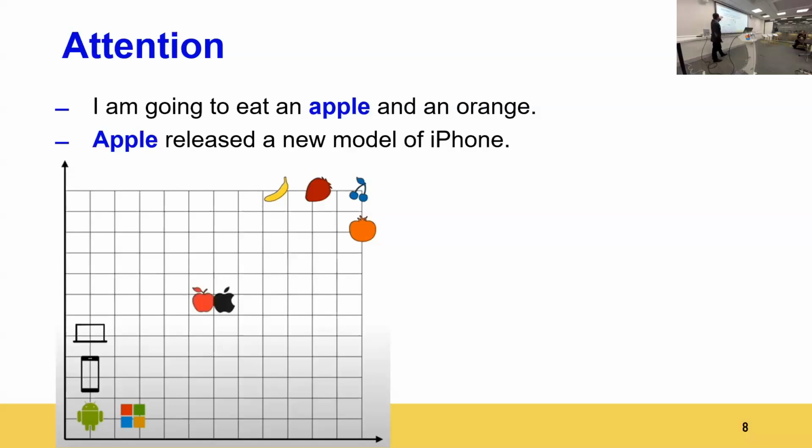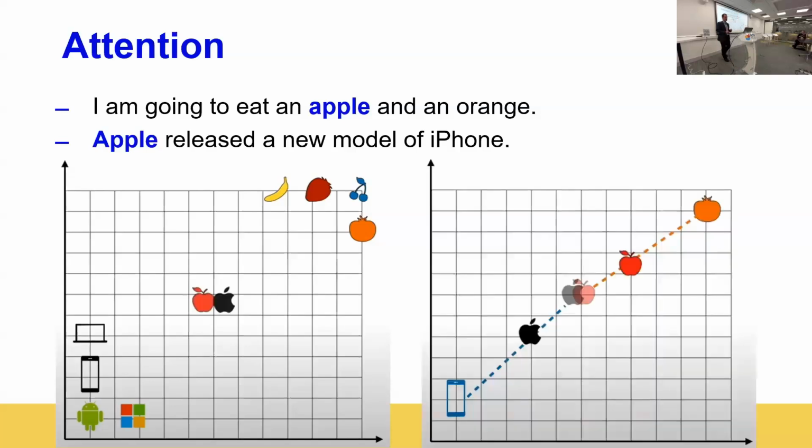But if Apple released a new model of iPhone, it's obviously more this apple. So we have to make sure that the vector representation of the word changes based on the context. So we either pull the apple towards the orange, or we pull it towards the phone.